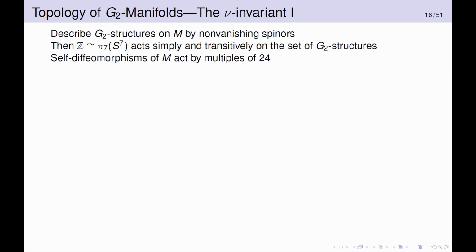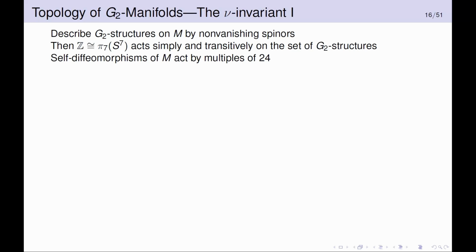And now you find out that you can pull back your structures by self-diffeomorphisms of M, and you will always get multiples of 24. Actually, the divisibility of the first Pontryagin class can lead to the fact that sometimes it's 24, sometimes 48, maybe sometimes 72 or something like that. With 24, you're always in there.